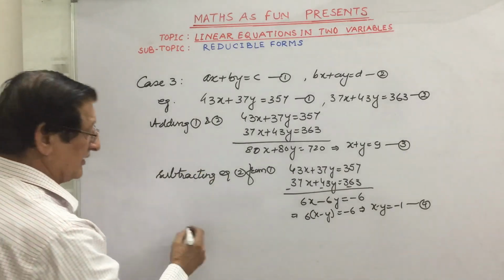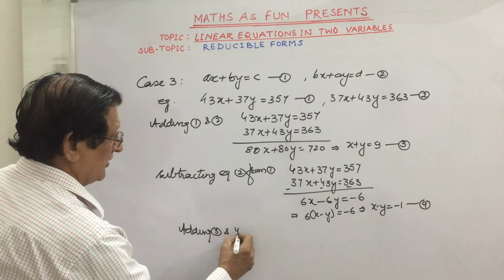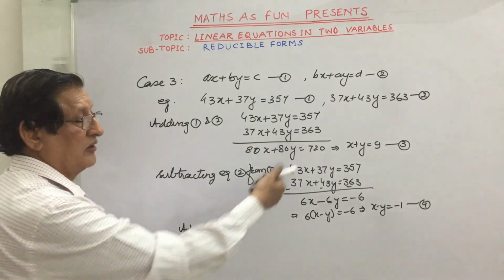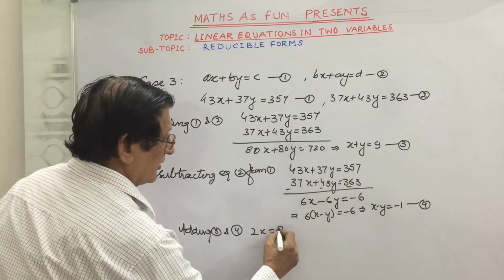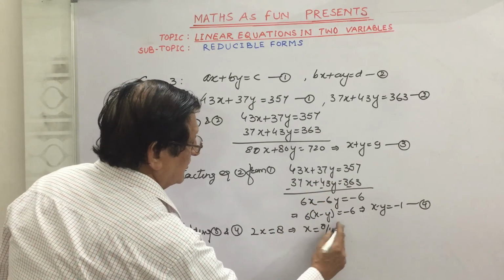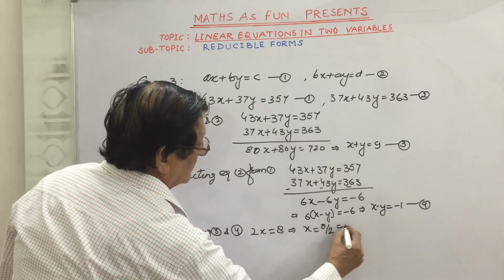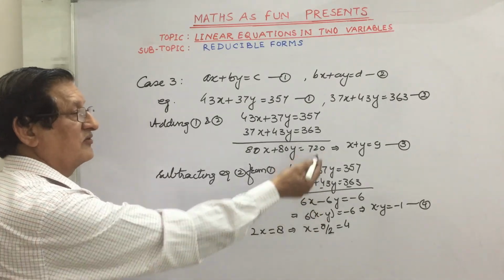Now we can add them, adding 3 and 4. What we get? y and y will get cancelled. This will be 2x is equal to 9 minus 1 is 8. It means x is equal to 8 by 2, that is 4. And now we can substitute this value of x in any one of the equation.